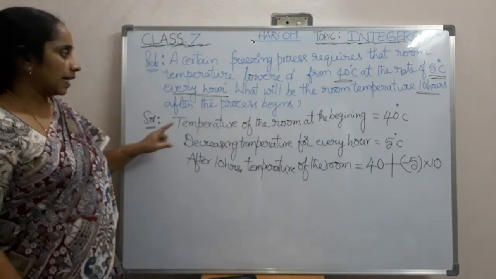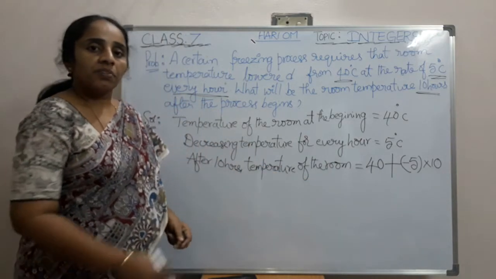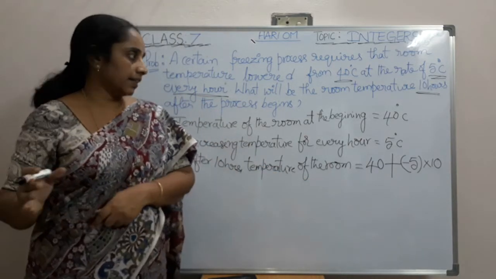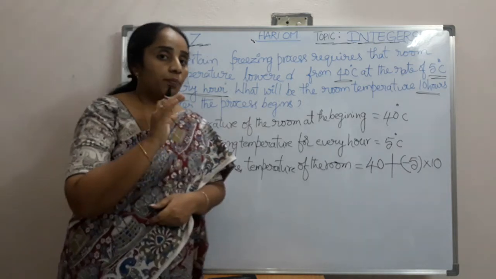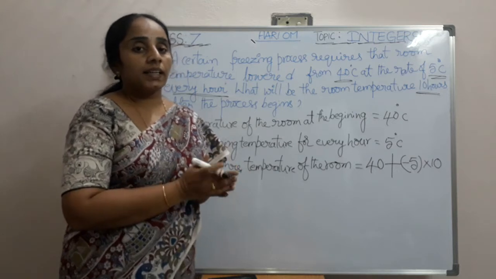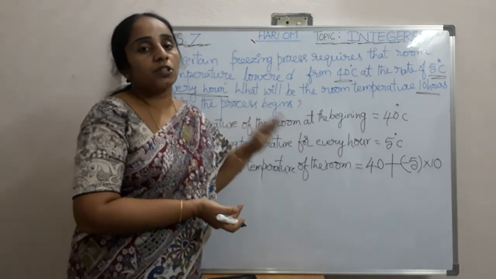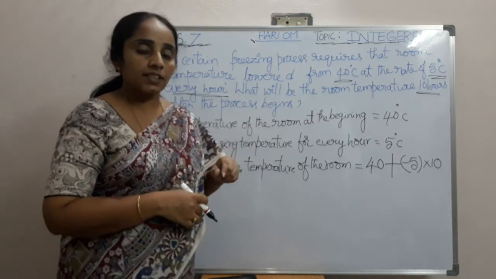So, we need the present temperature, that is 40 plus minus 5 into 10. Understood? At the beginning room temperature is 40 degrees. For every hour it is decreasing 5 degrees. As I said in the earlier classes, increase means we will take positive integers, decrease means we will take negative integers.